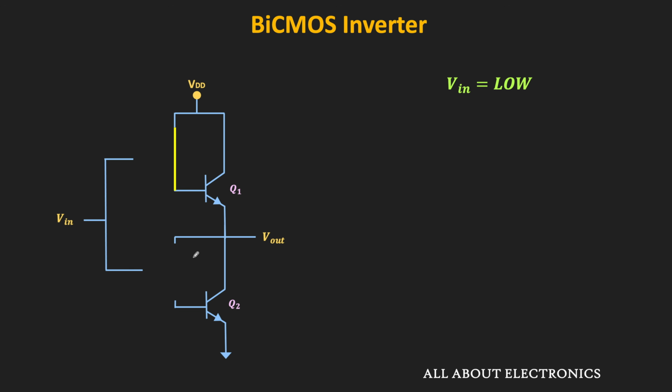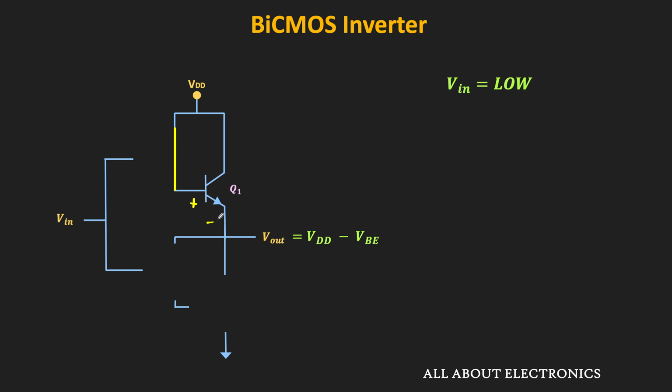On the other hand, since the base of Q2 is not getting any driving voltage, it will remain in the off condition. In this condition, the output voltage is equal to VDD minus VBE, and this output voltage can be considered as logic high. That means whenever the input to this inverter is low, the output is logic high.